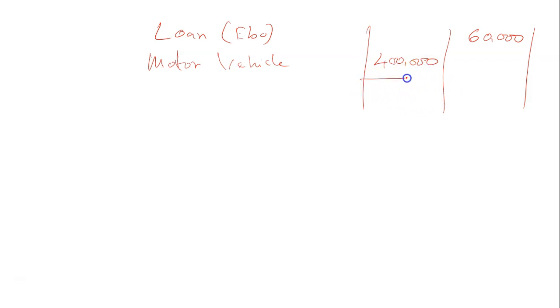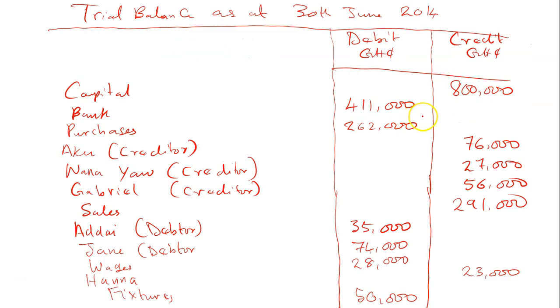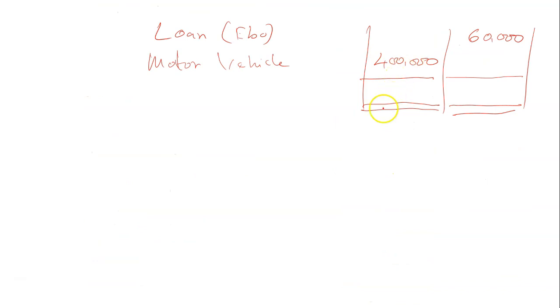So we are going to add both sides. They must be equal. Okay, it's a must. So when we add the debit side, everything up to the 400,000, you should get 1,333,000. And then when you add the credit side also, you get the same thing.